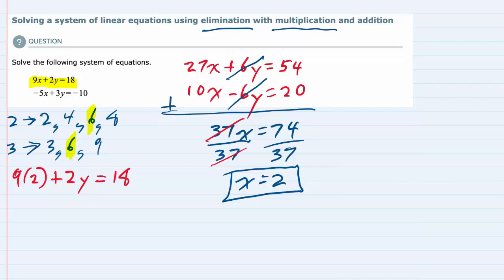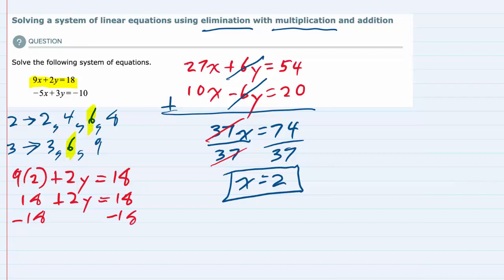And now we have an equation with only the y value, so we can solve that. First, doing the multiplication, 9 times 2 is 18. Bring down the 2y and the 18 on the right-hand side. Now, getting the y by itself means subtracting over this 18.